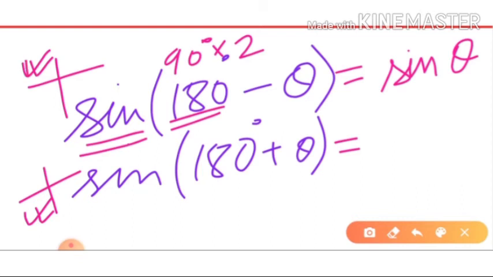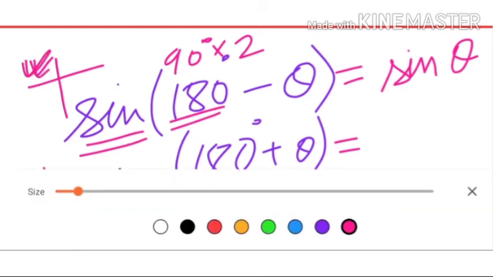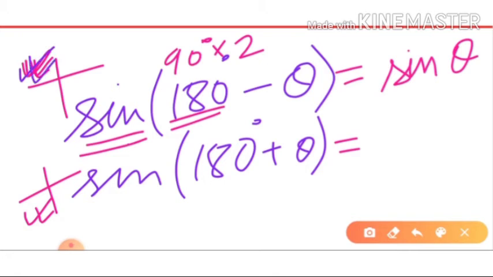Now the sign convention. It is in the second quadrant, and in the second quadrant sine is positive by ASTC, so it will be positive sine theta. We will not write plus. For the second part, again it is an even multiple, so sine theta remains sine theta.